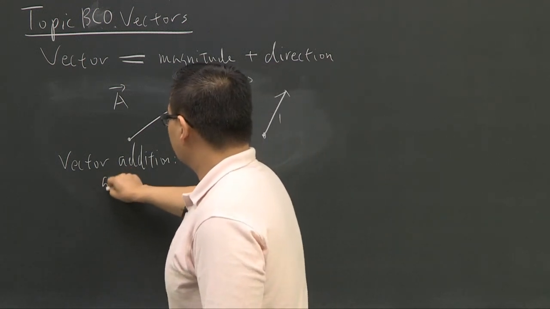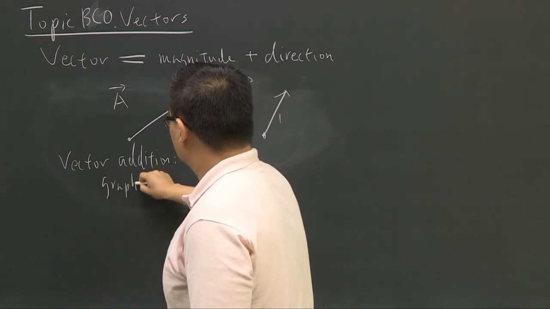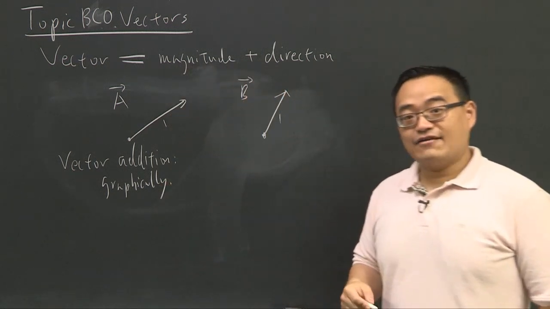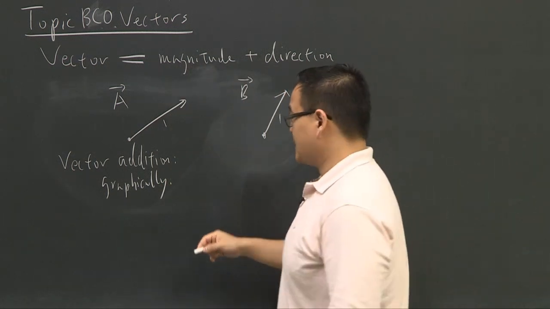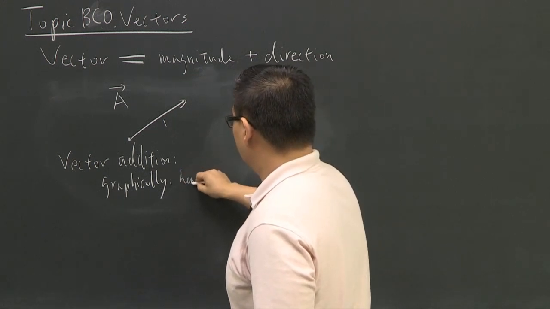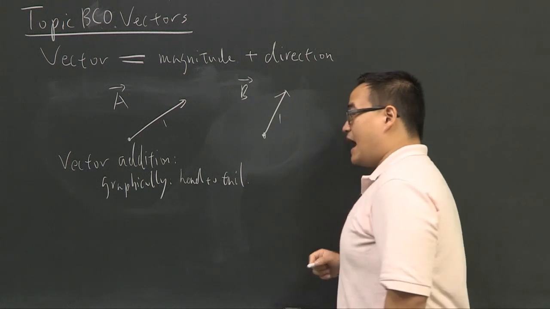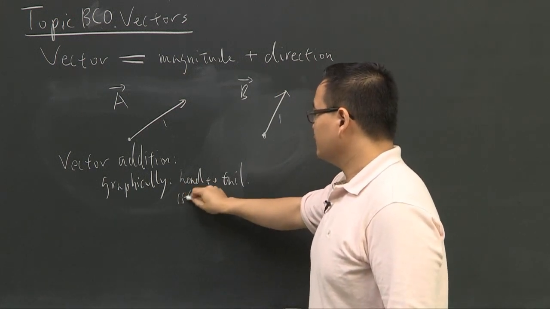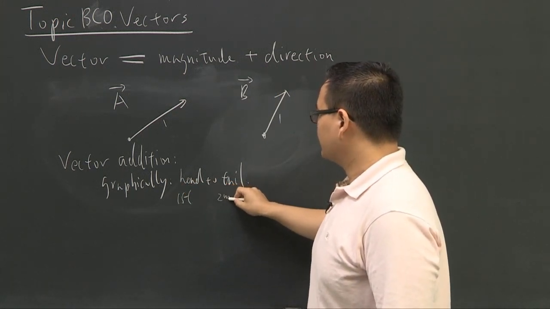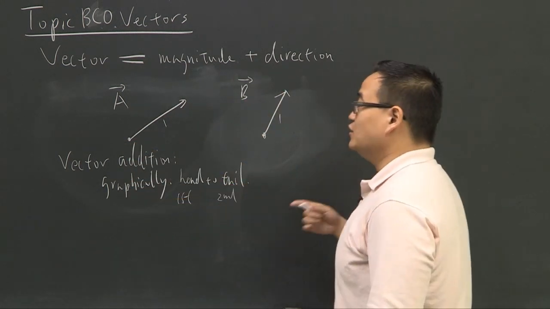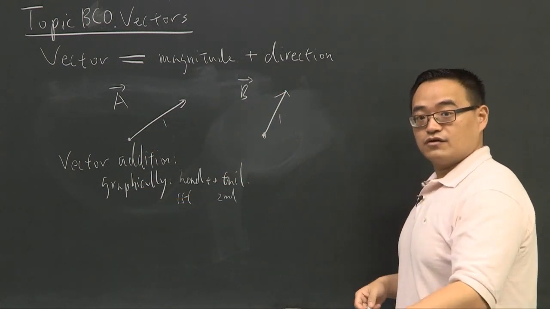One, graphically, if you want to add vectors, it's very simple. It's just add head to tail. Add the head of the first vector to the tail of the second vector, or add the tail of the second vector to the head of the first vector, and you will get the result.